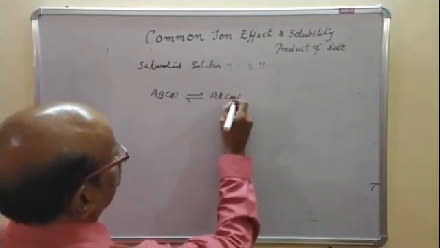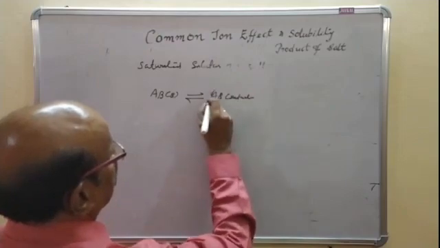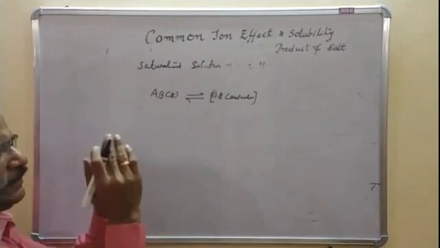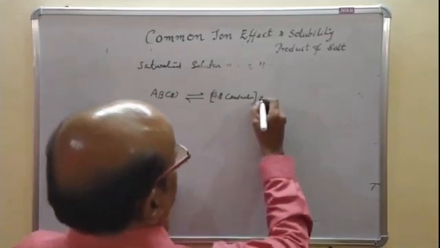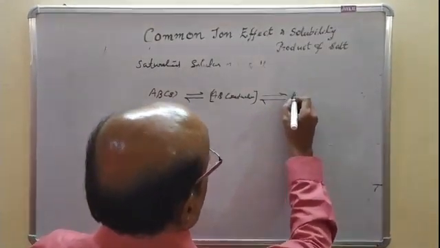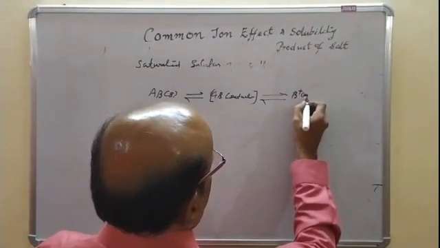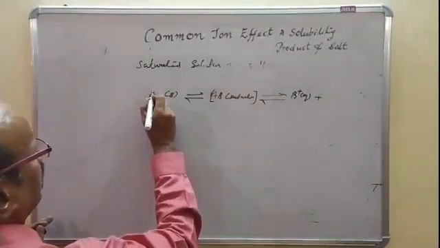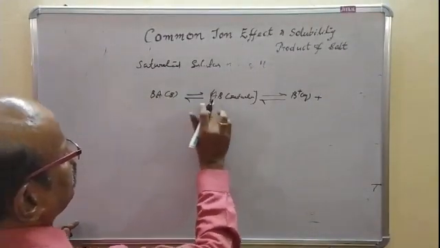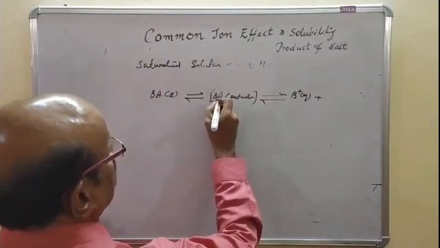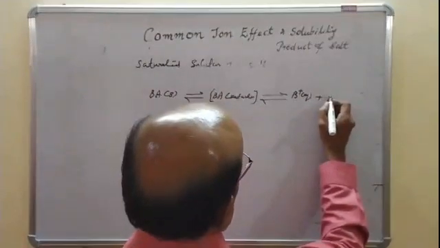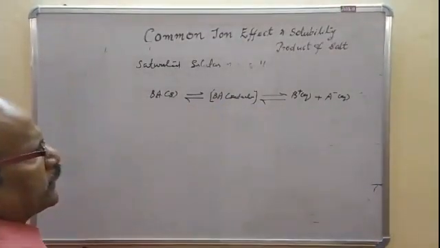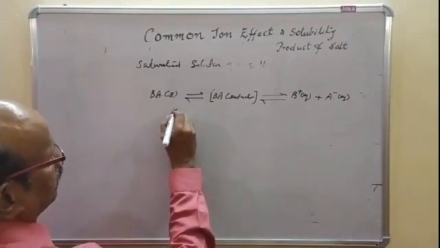That is an intermediate state, AB solid plus AB saturated solution, that will exist as B plus aqua plus A minus aqua. Okay, in this case we have the equilibrium KSP.